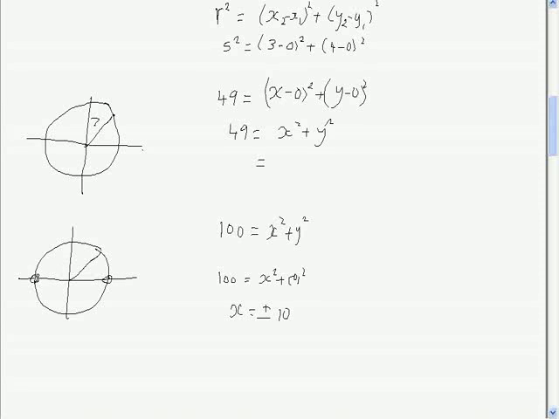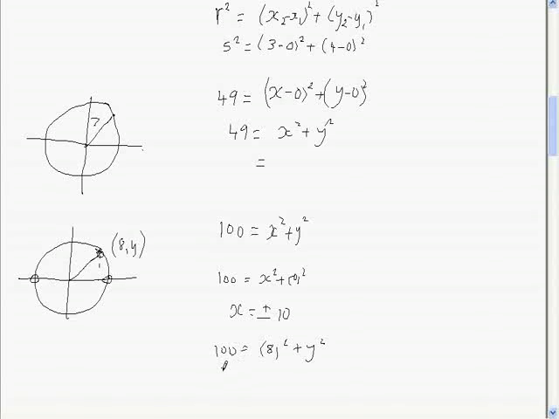If I want to figure out what the y coordinate would be if this had an x coordinate of 8, again I write the circle equation, and x is 8, so I'm trying to figure out what y is.